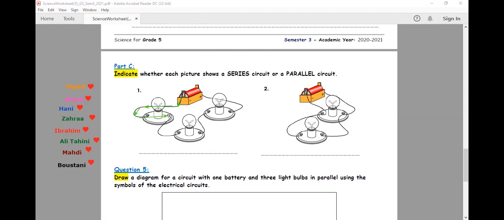They pass through the first light bulb, then through the second light bulb, through the third light bulb, and back to the battery. That is one pathway, one path for the electrons to flow. So is it a series circuit or a parallel circuit? Series.